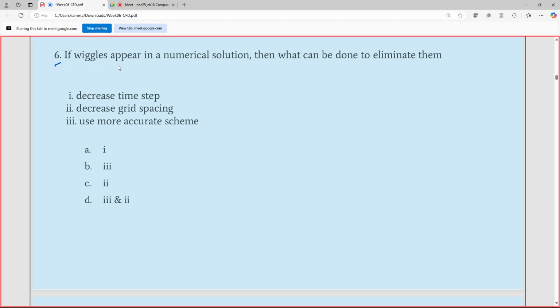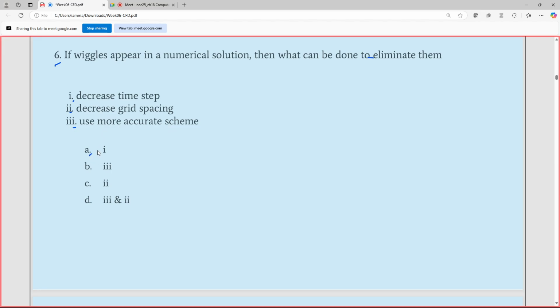If wiggles appear in a numerical solution, then what can be done to eliminate them? Conditions are: condition one, decrease the time step. Second condition, decrease grid spacing. Third one, use more accurate scheme.